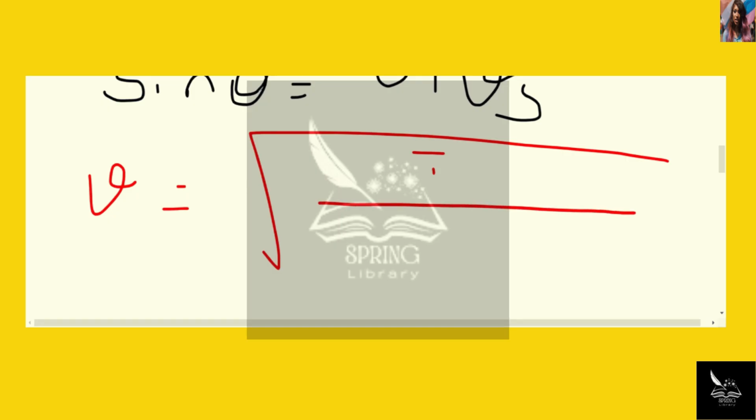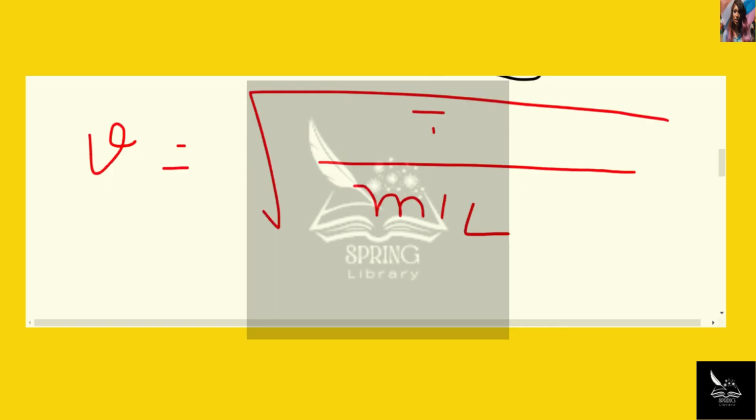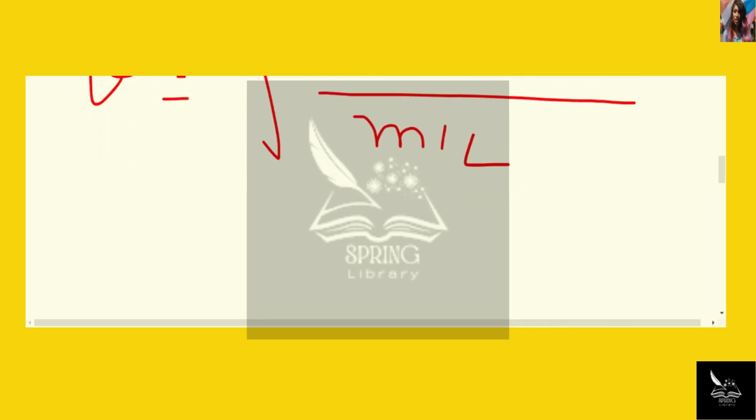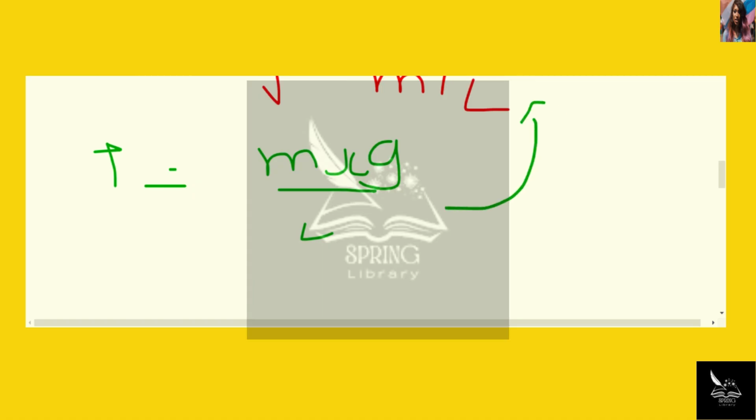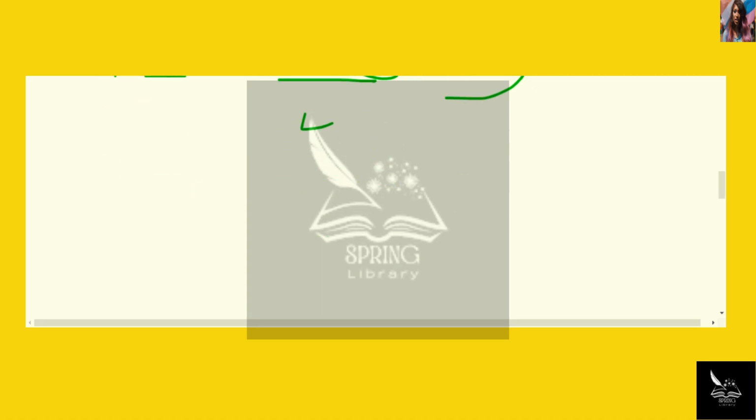The mass per length of the string, which is m by L. As we know, the tension of the string is given by T is equal to mxg upon L. So we are going to use this in the above equation. So we will have v is equal to the square root of xg.